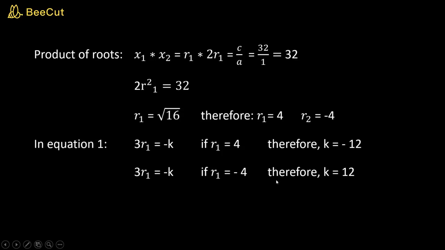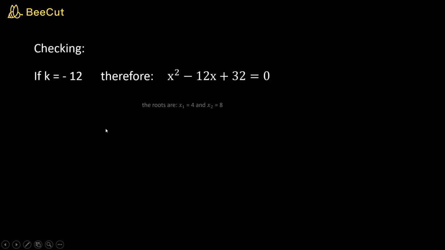It doesn't matter if it is negative or positive, because by checking, we can find that if k is equal to negative 12, the equation is x squared minus 12x plus 32 is equal to 0, and the roots are 4 and 8.